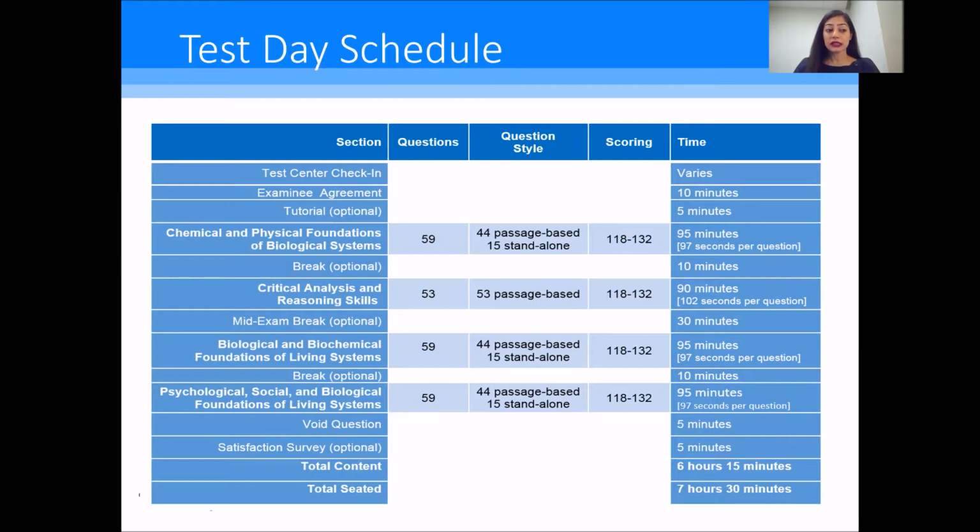If it's a small testing center with only 10-15 people writing the exam on your day, check-in isn't going to take too long. If there are 70 people writing the exam on the same day in the same location, then check-in is going to vary. So notice that the total time listed at the bottom, 7 hours and 30 minutes, does not include check-in time. That's on top.